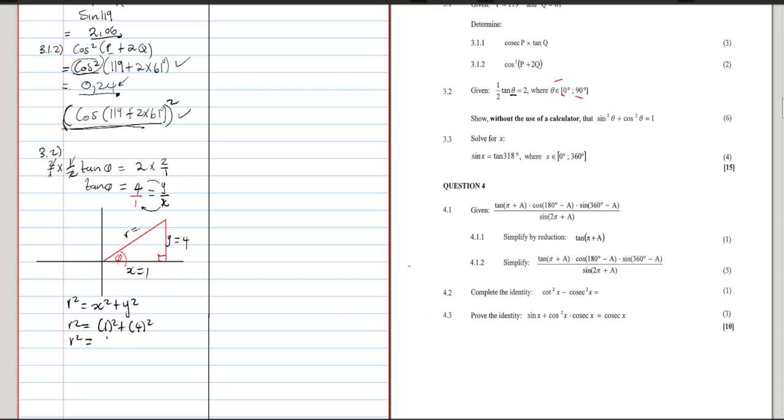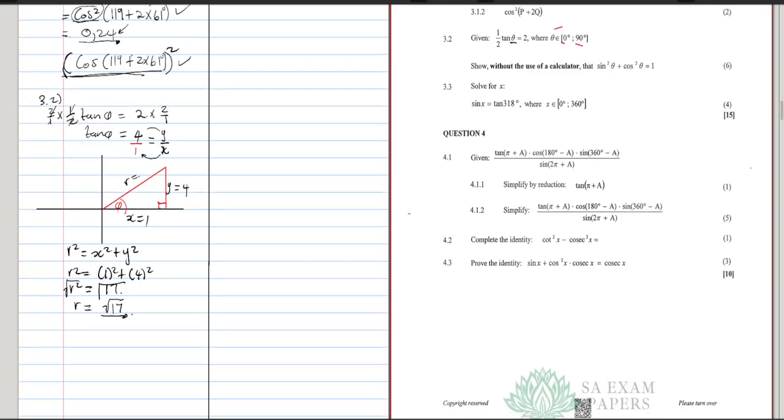So 16 plus 1 is 17, and then we take the square root of 17. So r is just going to be the square root of 17, like this.